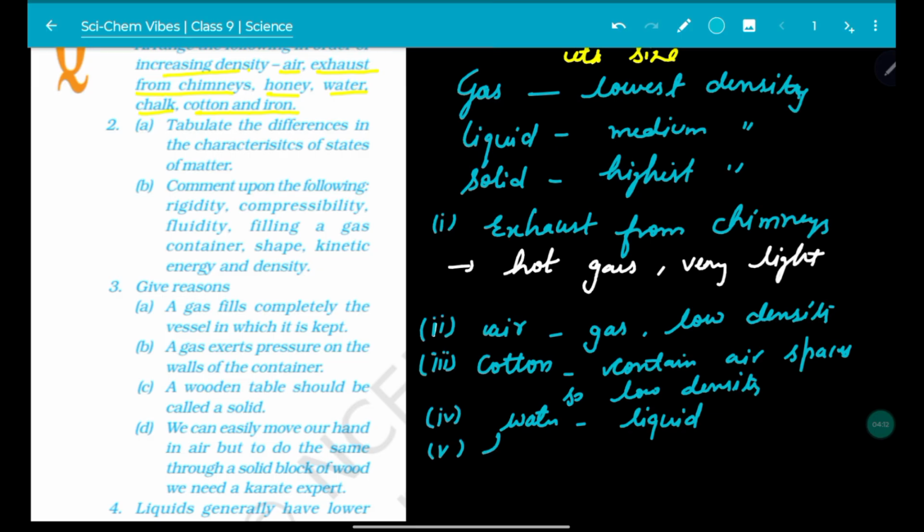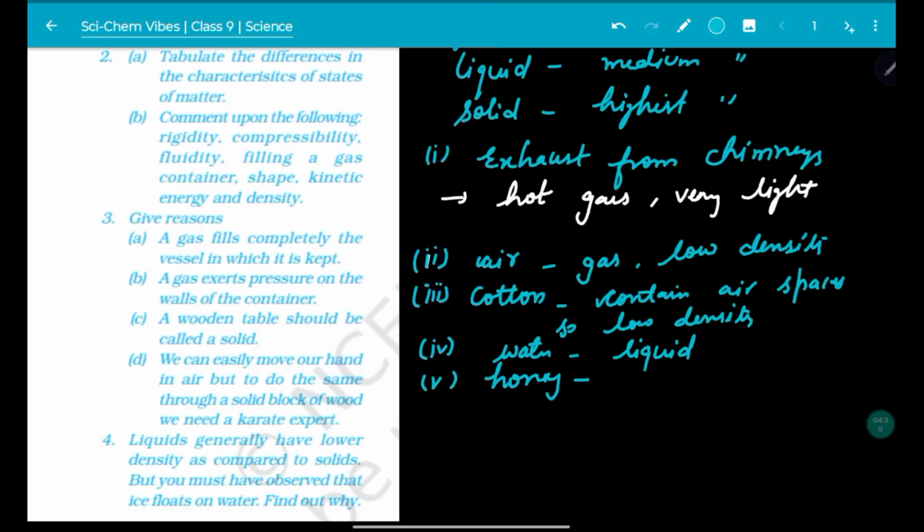Number 5 is honey. Honey is a liquid but thick compared to water, so it has higher density compared to water.